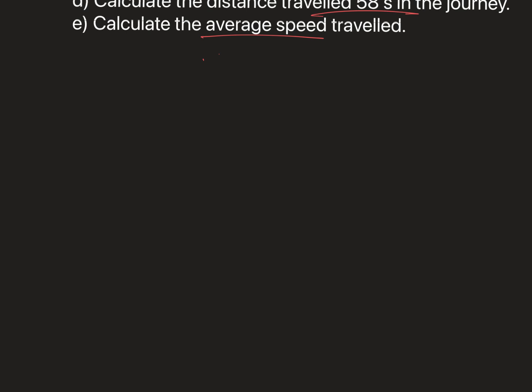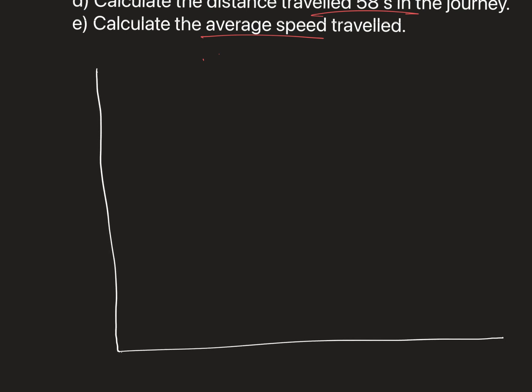So we will have velocity against time, velocity in meters per second and time in seconds. The body was moving at a constant velocity.